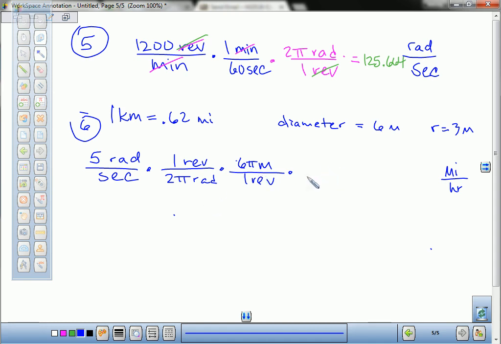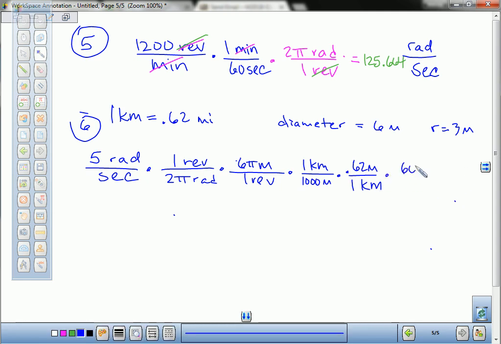So now I'm in meters. So I have to change meters to kilometers. 1 kilometer is 1,000 meters. And then 0.62 miles is 1 kilometer. Okay.